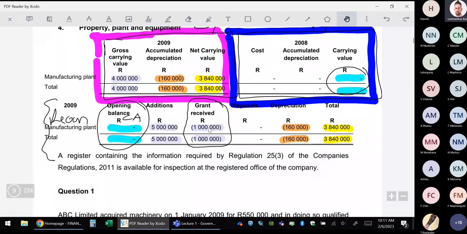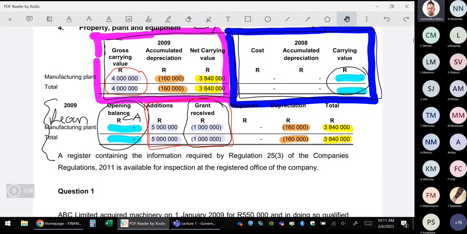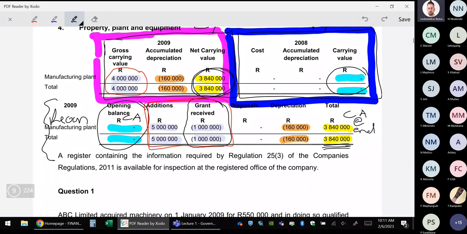So 5 less 1 gives us the 4 million net cost of the asset, and that is those two together. Less the depreciation, we only have depreciation for 1 year at the moment, and that gives us the carrying amount at the end of the year.